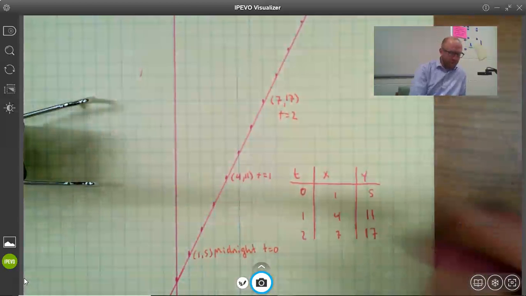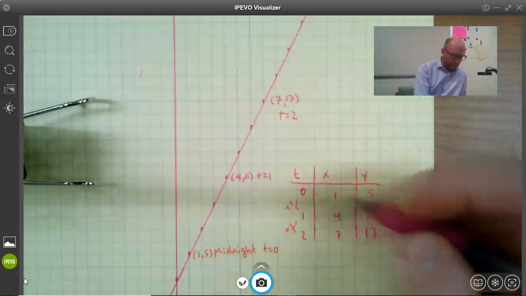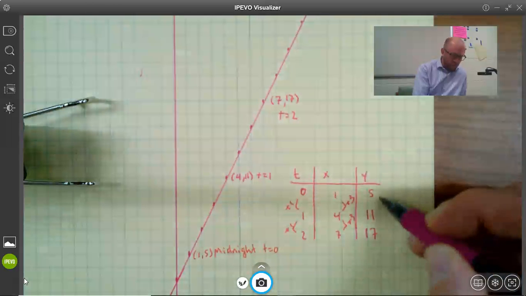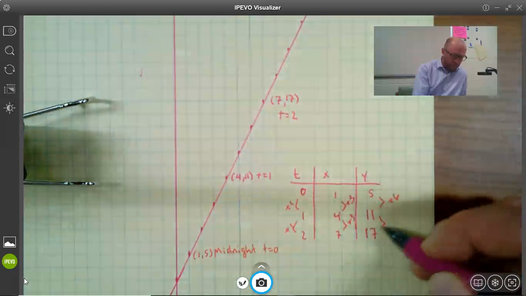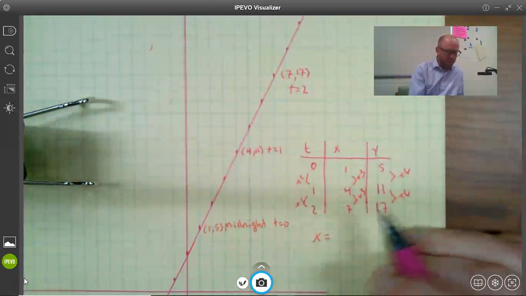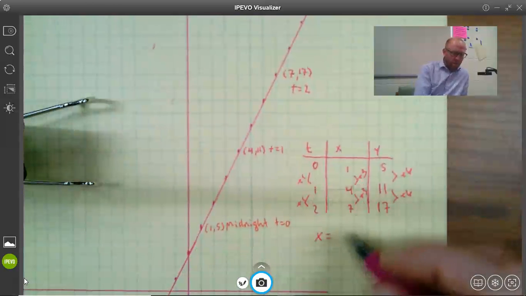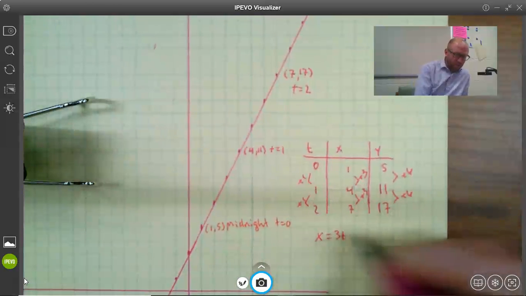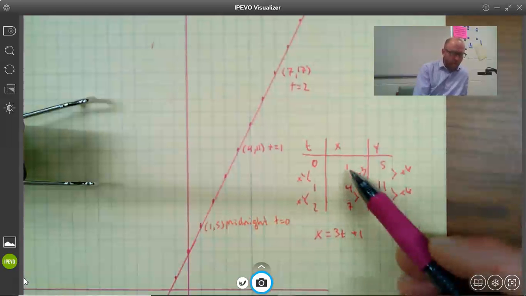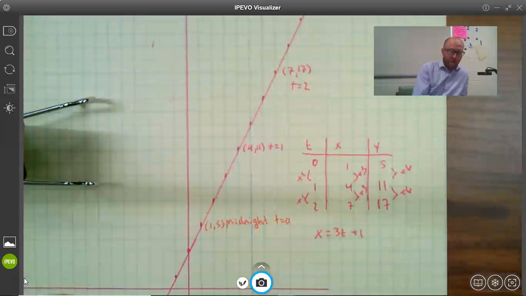So we've got plus 1, plus 1, plus 3, plus 3, plus 6, plus 6. Looking at the rate of change of x with respect to t, it's 3 over 1, so 3t, plus our starting point of 1. That means the x coordinates start at 1 and increase 3 every hour, which we were told earlier.